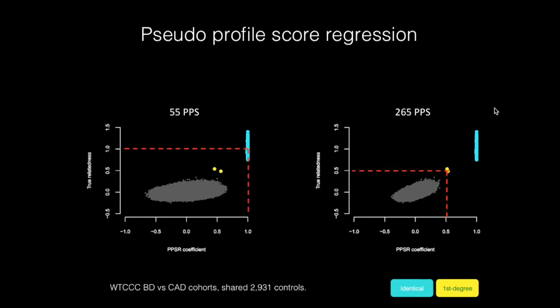Using 55 PPS, the left panel demonstrates that shared controls are detected between WTCCC bipolar disorder and coronary artery disease. Then, in the right panel, with 265 PPS, it is even able to find two first-degree relatives.